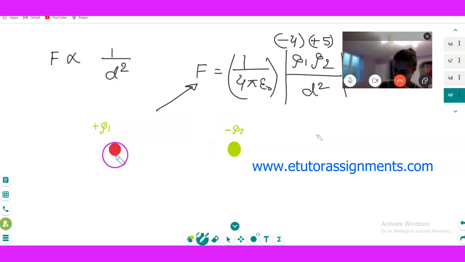Their distance is r. What will be the force between these two? Please tell me.